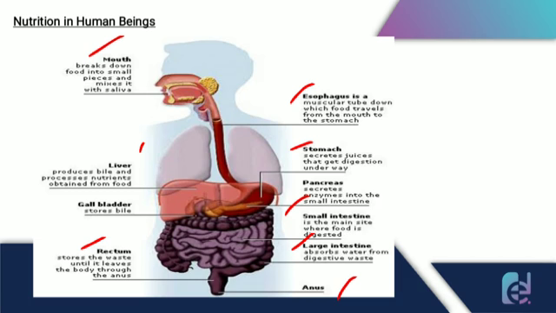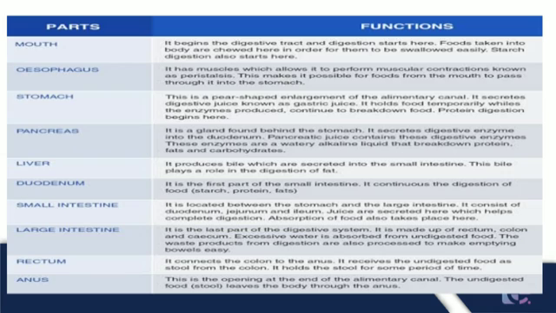And we have another organ known as the pancreas, which secretes enzymes into the small intestine. So we have seen the different parts of our digestive system, or the alimentary canal, and learned about their functions in brief. Now here is a detailed function of the different parts of the digestive system.